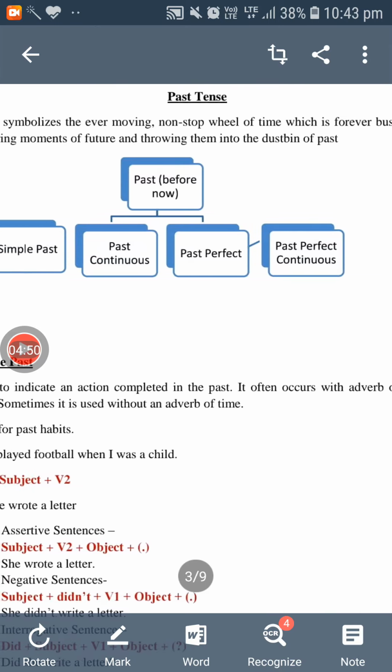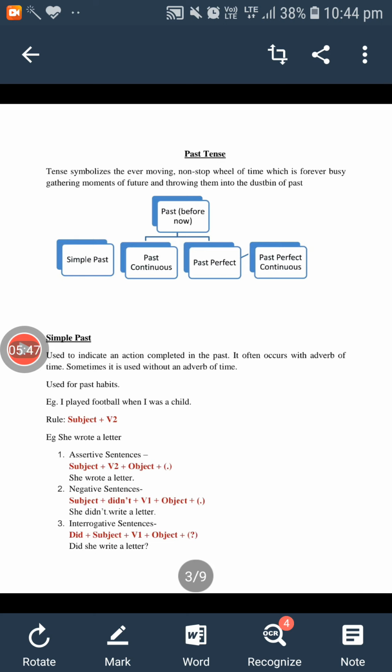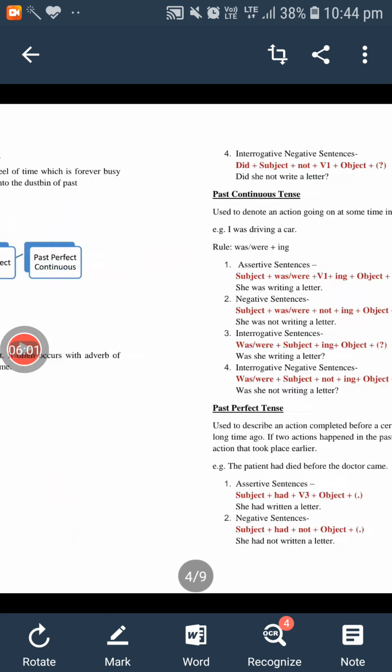Assertive sentence: she wrote a letter. She didn't write a letter is a negative sentence. For the interrogative, we make it with the help of did. So, did she write a letter? Did is a helping verb here. So the V2 form with subject and object defines simple past tense.